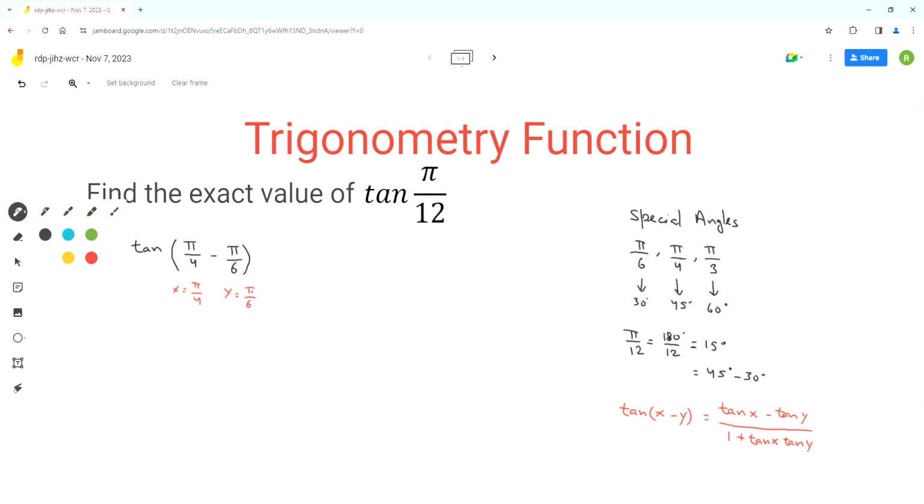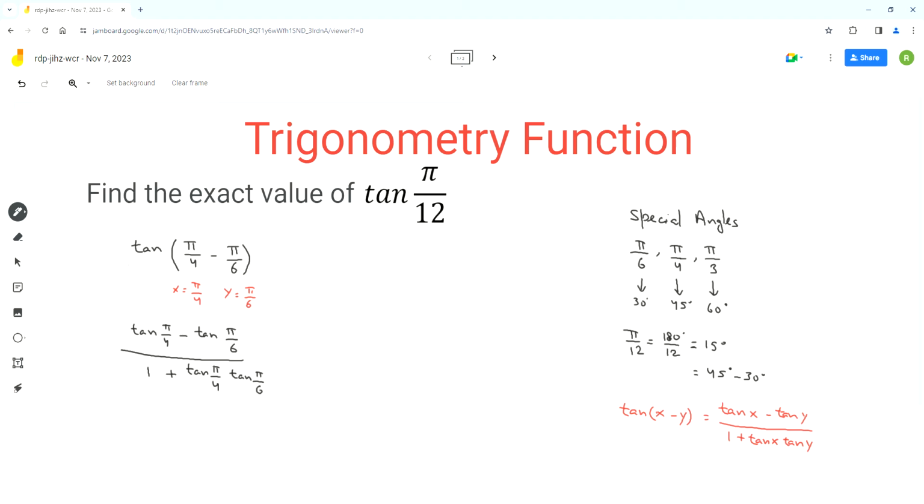So now we can expand our expression using this identity. So we get tan of pi over 4 minus tan of pi over 6 over 1 plus tan of pi over 4 times tan of pi over 6.